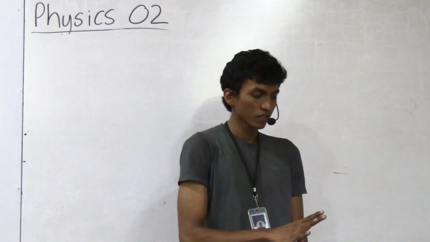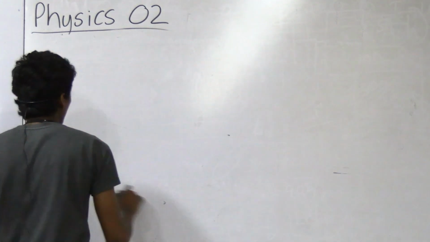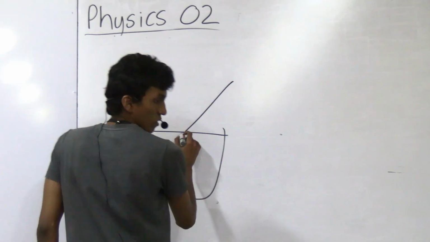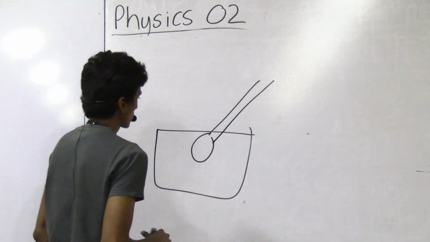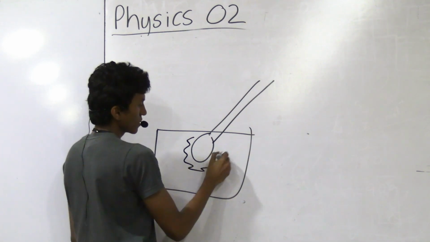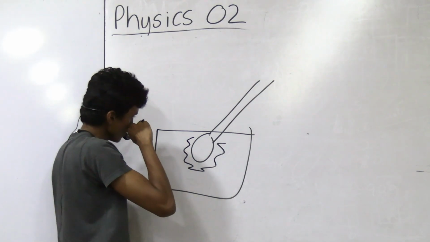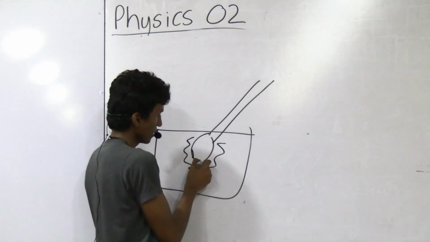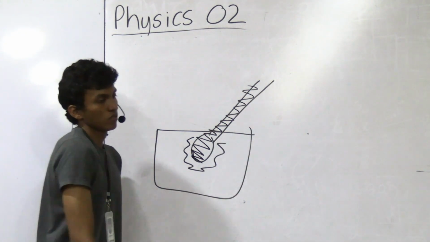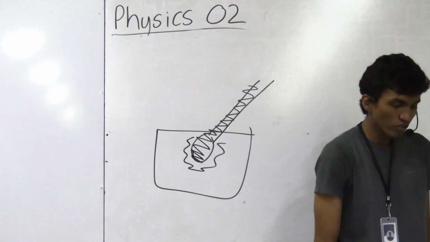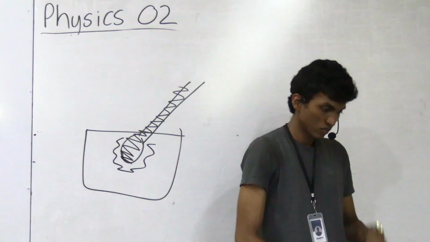So it's a solid object, and when it is dipped in a hot cup of tea, this is the spoon, the water around it is hotter than the spoon, so it simply heats up due to conduction. So statement C is also incorrect. So the answer is only B.